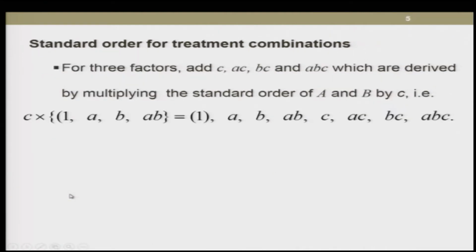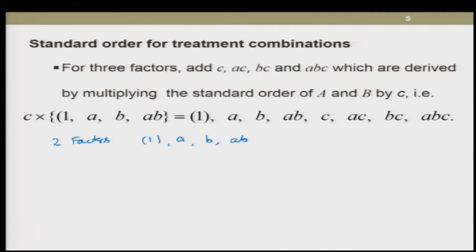Now, similarly, if I want to obtain the standard order for the 3 factors, what do I have to do? I already have obtained the standard order for two factors, which was 1, a, b and ab.